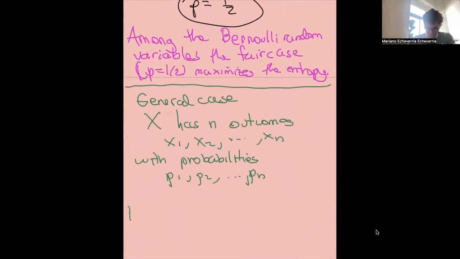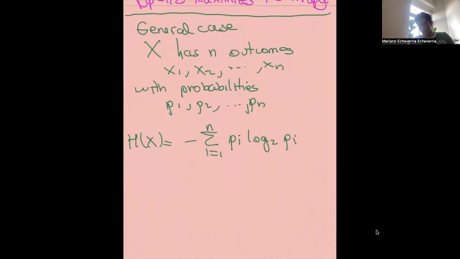And the entropy of X was minus the sum from i equals 1 to n of Pi log base 2 of Pi, right? So my claim is that in this case, the values of the Pi which maximize the entropy are the case where all the Pi have the same value.